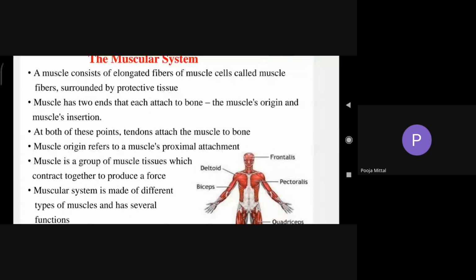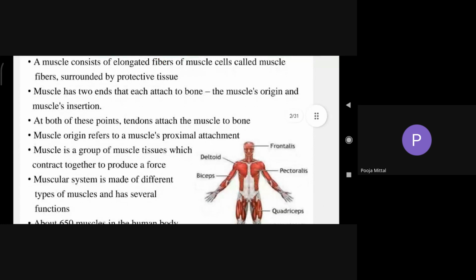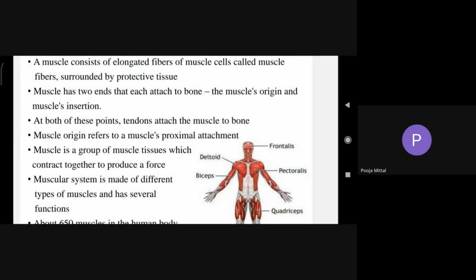Tendons are which type of tissue? Connective tissue. Yes, very good. Tendons are connective tissue which attach muscle to bones. So at both ends of the muscle we can find tendons which are connecting the muscle to bone.